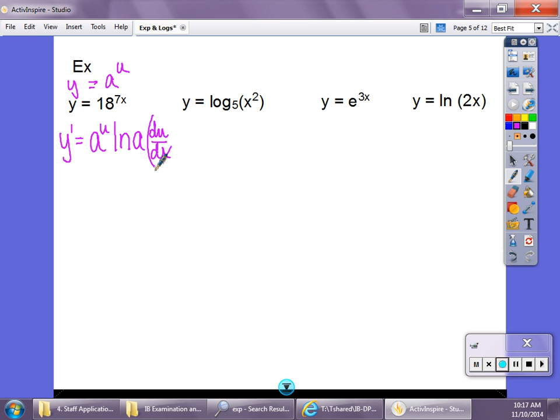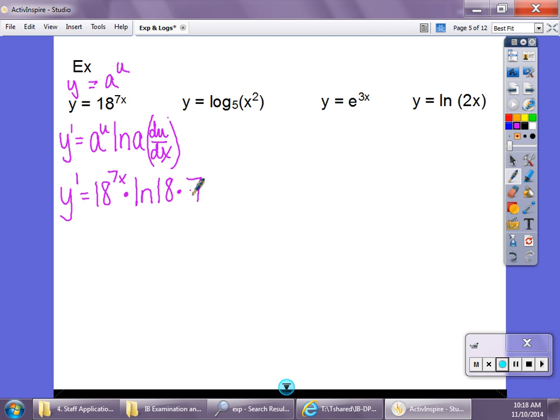This is really the chain rule, because 7x is a function inside of 18 to the something. The outer function is 18 to the something, and the inner function is 7x. So now we just plug into our derivative. y prime equals 18 to the 7x times the natural log of 18 times, what's the derivative of the inside, the derivative of 7x? 7.